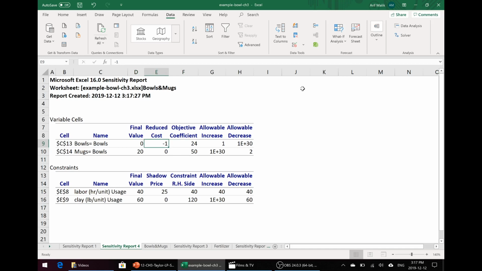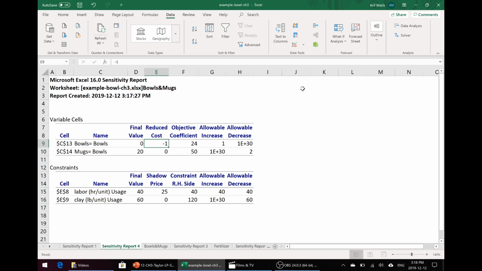Reduced cost -1 means that if we increase the profit by $1, we will have a new solution mix.